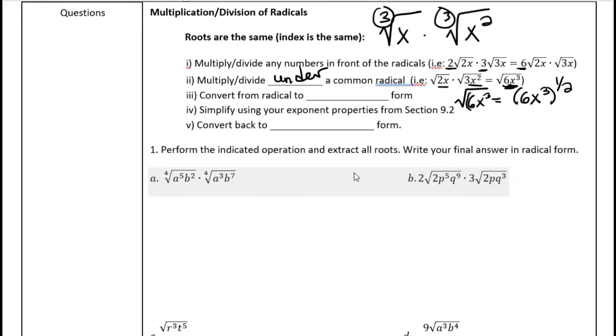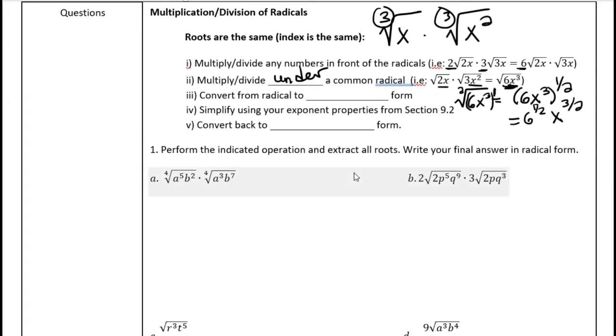So the power here is a 1 for the whole thing, and the index here is an invisible 2, so it becomes to the 1/2 power. And then you have 6 to the 1/2 power, which is square root of 6, and x to the 3/2 power.